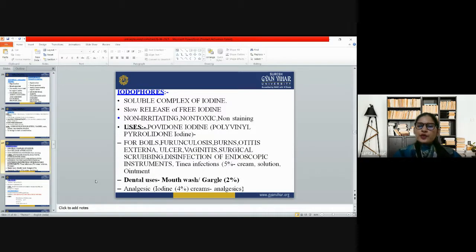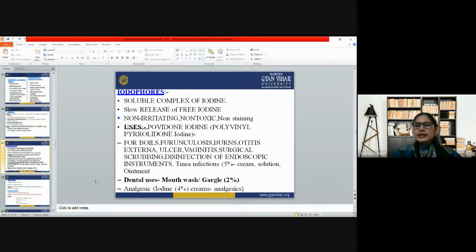Now, next we have iodophores. Iodophores are soluble complexes of iodine. They have slow release of free iodine and are non-irritating, non-toxic and non-staining. They include povidone iodine and polyvinyl pyrrolidone iodine solution.